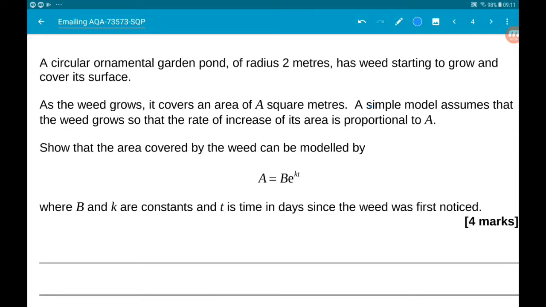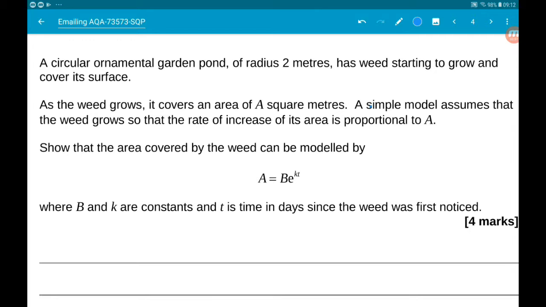As the weed grows, it covers an area of A square meters. A simple model assumes that the weed grows so that the rate of increase of the area is proportional to A. So, as it covers more area, the rate at which it grows increases.